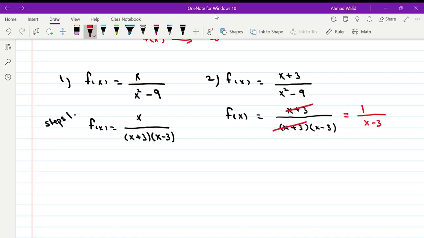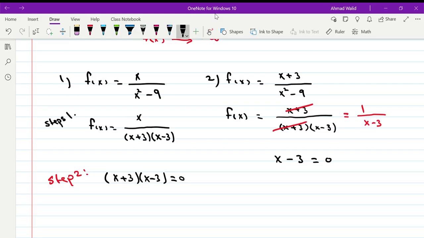That is always your step 1. Remember, please, do not set the denominator immediately equal to 0. First, check if you can simplify, and simplify. Step 2. Set the denominator equal to 0. x plus 3 times x minus 3 equals 0 for example number 1, and for example number 2, x minus 3 equals 0.